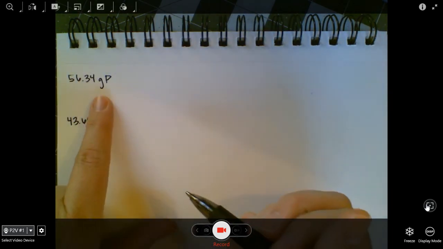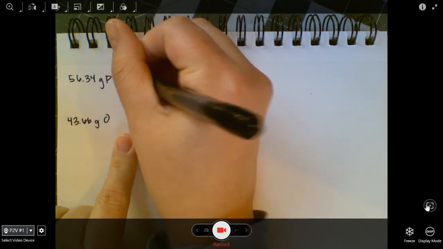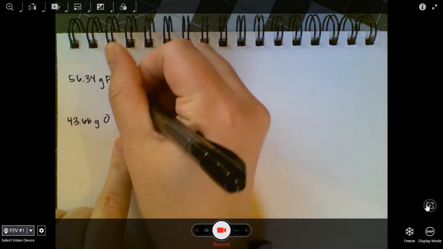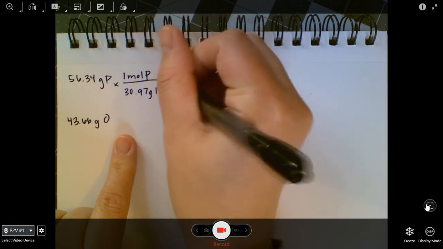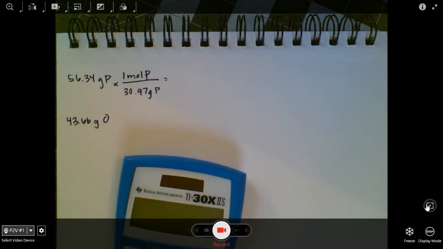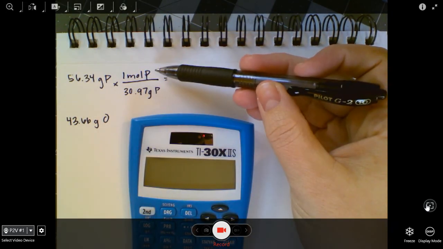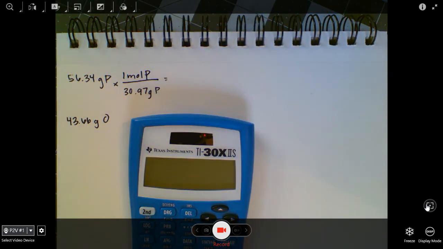So in this situation, if I want to convert phosphorus grams to moles, I'm going to set up my dimensional analysis so that 1 mole of phosphorus is 30.97 grams of phosphorus. And then if you remember, I'll show you the work one time with this in my calculator. If I have a number on top, I'm going to multiply by that number. Number on the bottom, I'm going to divide by that number.